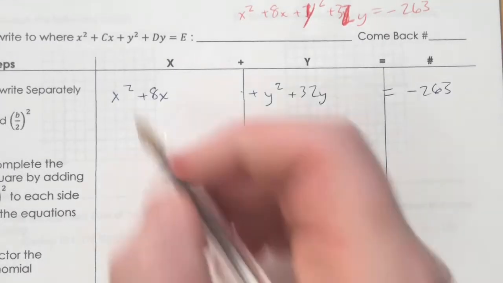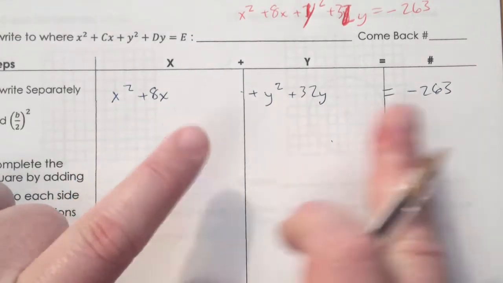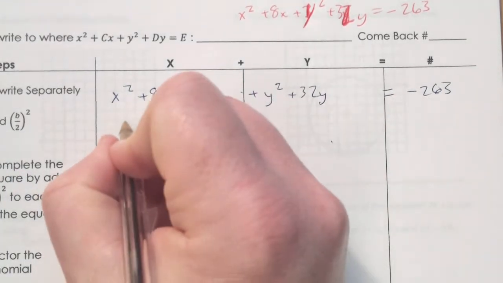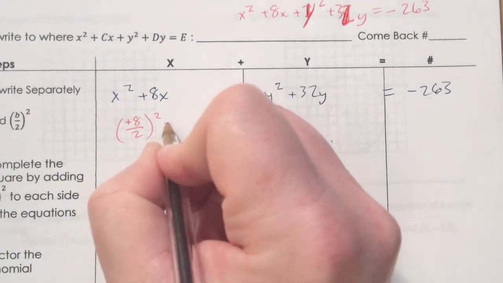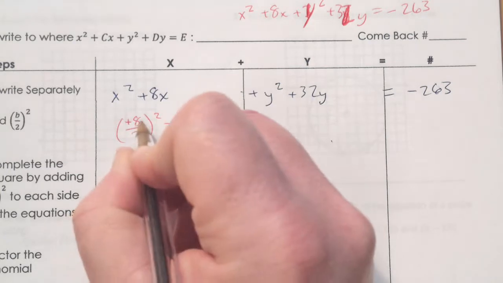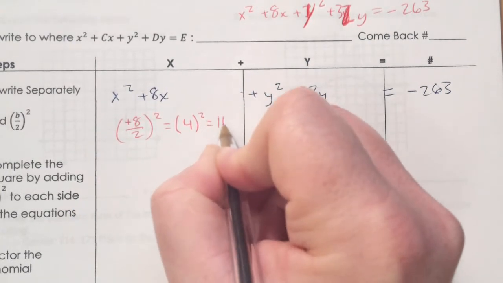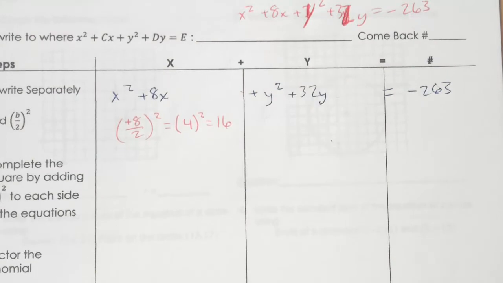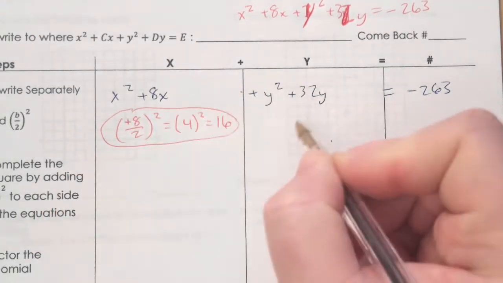Now we're going to divide this by 2 and square it. So we have a positive 8 divided by 2 squared. That would be a positive 4 squared, which equals 16. That's a bubble thought. Over here, same thing.